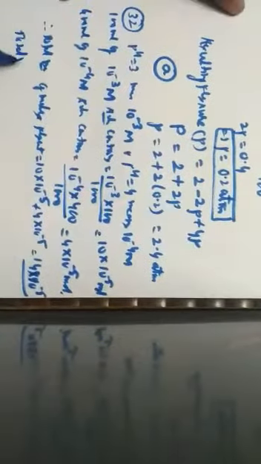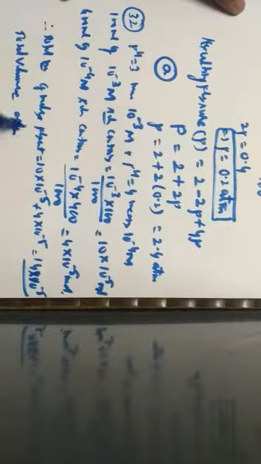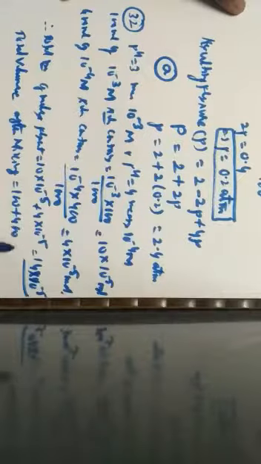Next, when I calculate the total volume after mixing, 100 plus 400 is equal to 500 ml.